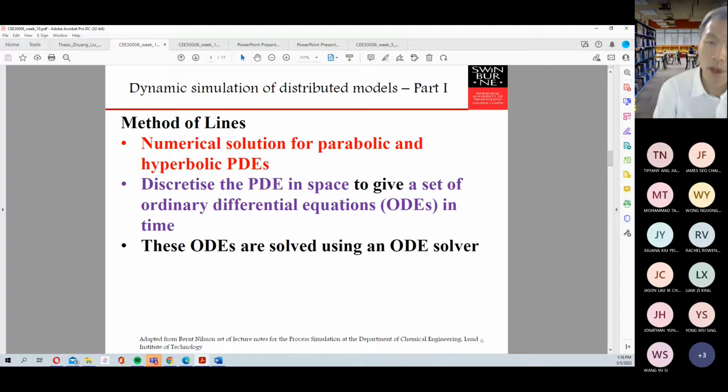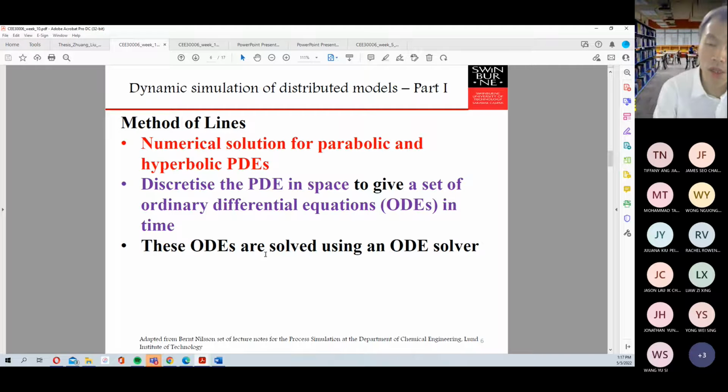So the method that we want to cover this time is the so-called method of lines. This method of lines is the same as the finite difference method that we discussed in the previous week. It is considered a numerical solution for parabolic and hyperbolic PDE. What we do essentially is we discretize the PDE in space to give a set of ordinary differential equations in time.